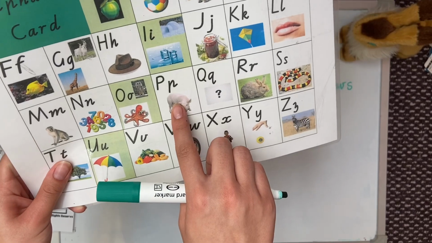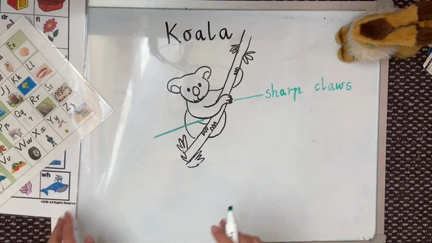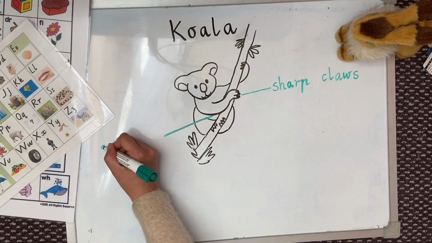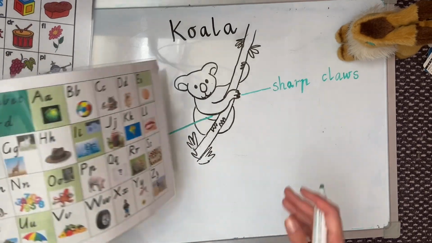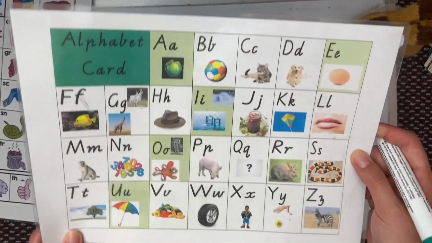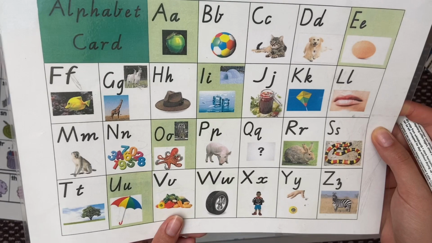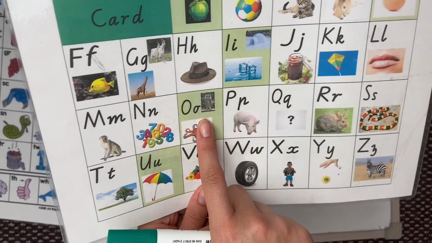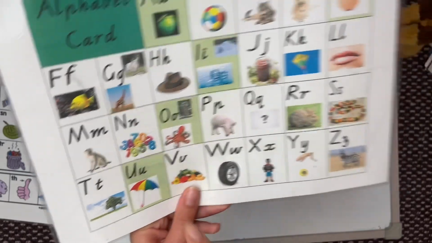P, ouch. I'm going to write a P for the first letter of pouch. Ouch. Do you hear the ou sound in pouch? The ou sound is made by an O and a U together. Ouch.